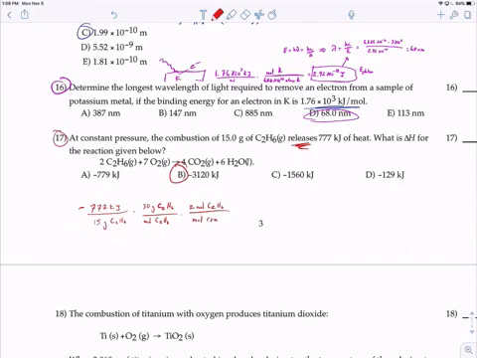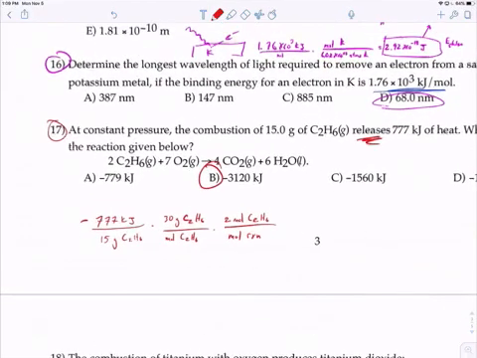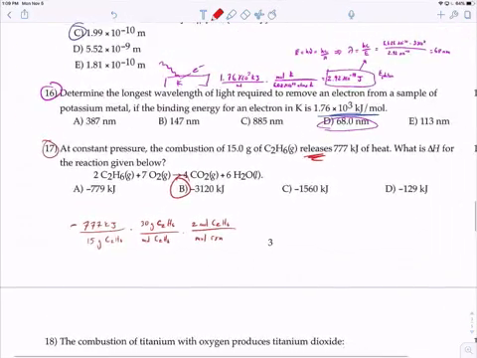I know I kind of jumbled up the discussion there. Okay, so 15 grams of this releases 777 kilojoules. So that's the ratio: the 15 grams produces this. And what is that per mole? That's a half a mole, so per mole C2H6, it's twice that.